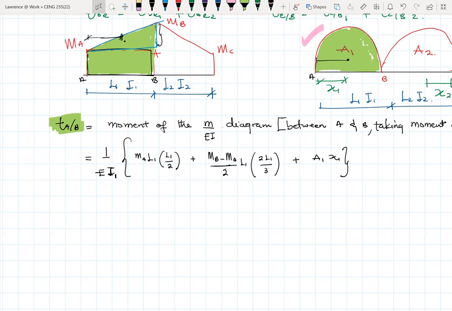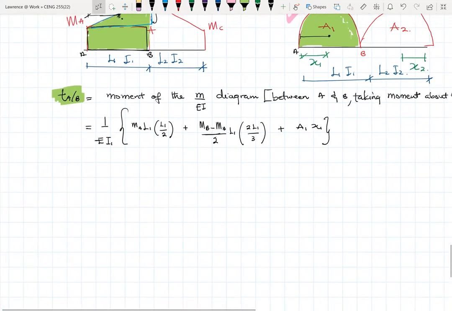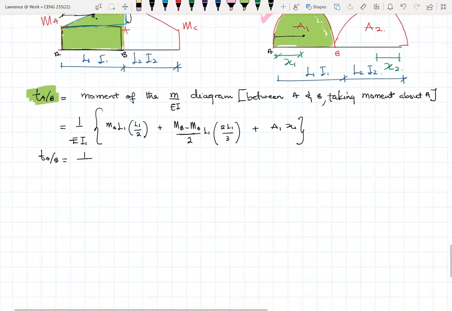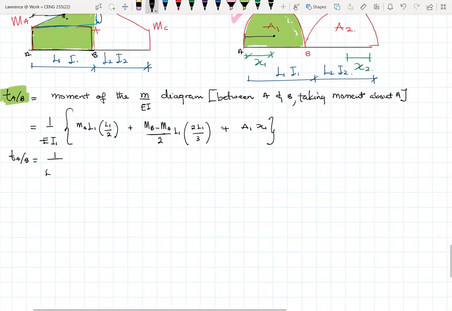So I can expand TAB to write it in a nicer format. TAB would then be equal to, again, 1 over E, let me keep both the E and the I out. Here I can expand it.